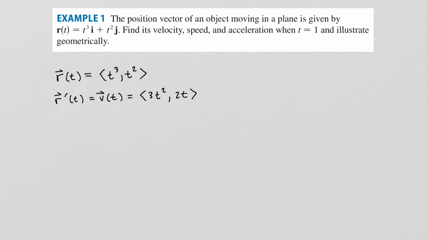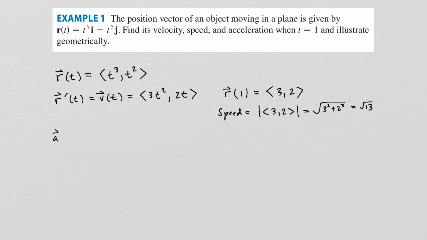So this is the velocity vector. Now the velocity at t equals 1 is simply plugging 1 into here, and that's going to give us the vector <3, 2>. Now the speed is the magnitude of this vector, and this will be the square root of 3 squared plus 2 squared, which is the square root of 13.